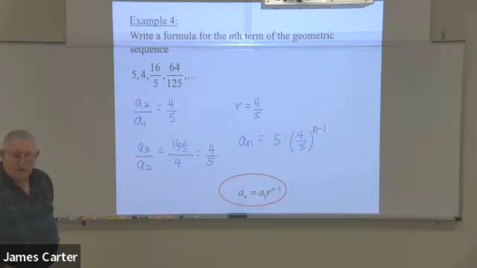Kind of wish they were all that easy. The hardest thing about this problem is remembering that formula. Any questions on this one? Pretty straightforward.